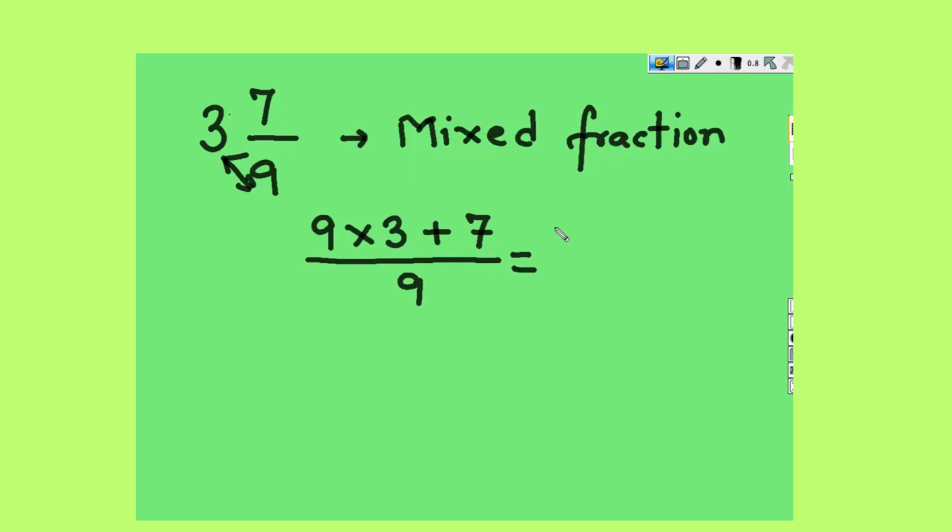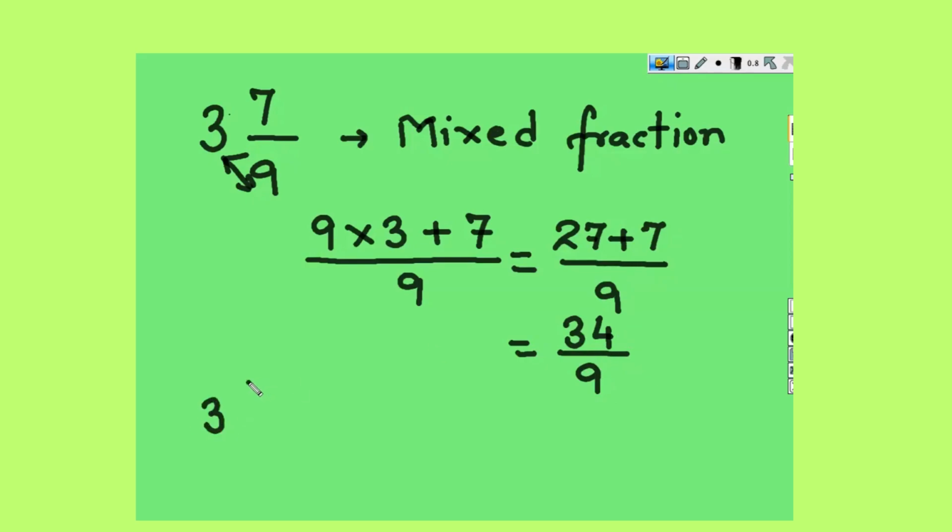So this becomes 9 threes are 27 plus 7 divided by 9, which is equal to 34 by 9. So at the end, we write as an answer: 3 7 upon 9 is equal to 34 by 9. This is how we convert a mixed fraction into an improper fraction.